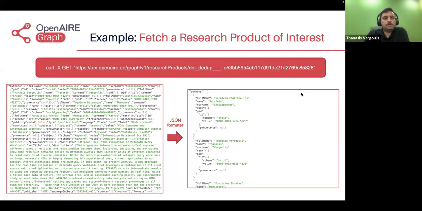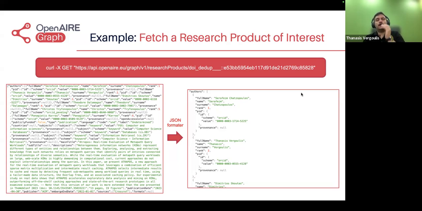And now it's the time that you all expected, I think. The first example that we can try to run. So this is a very simple example, the first one. I will try to fetch the metadata for a research product of interest using the curl method.